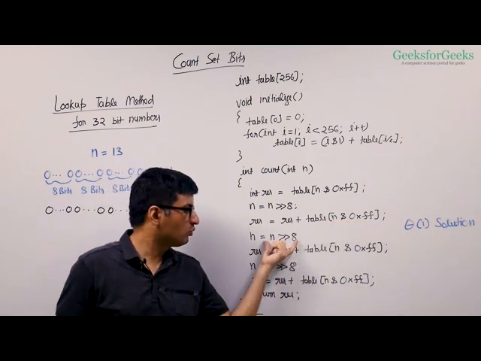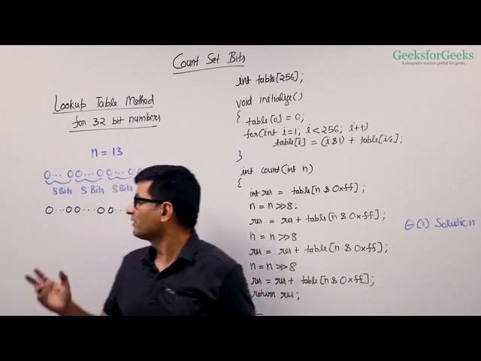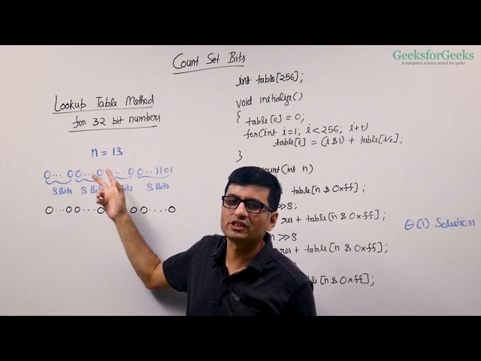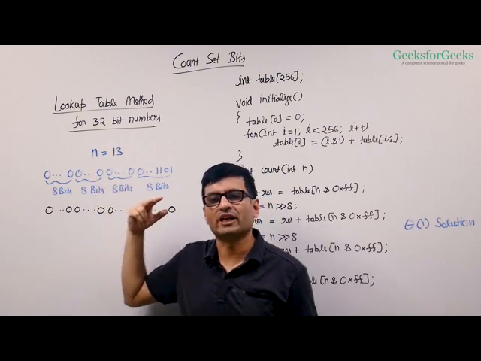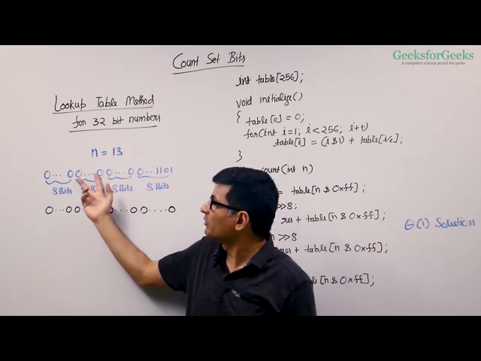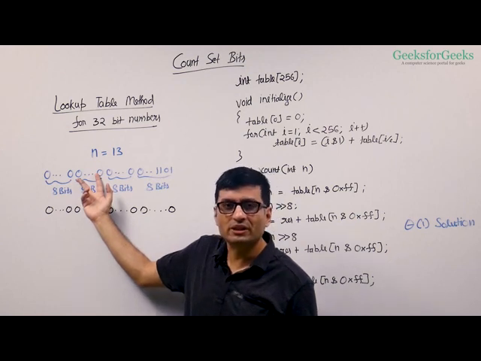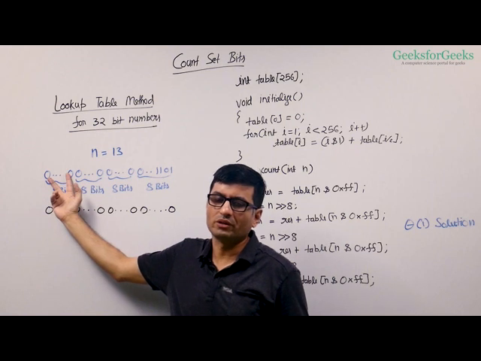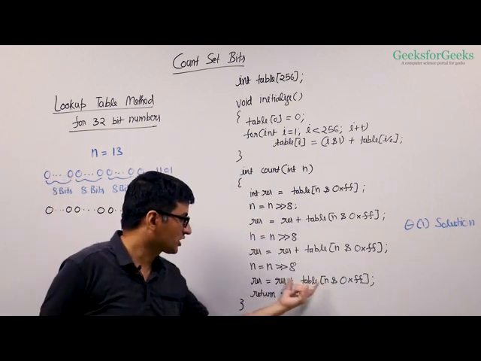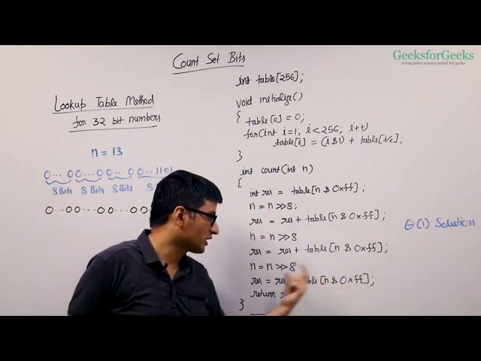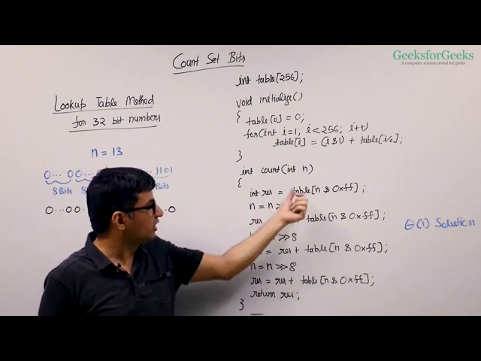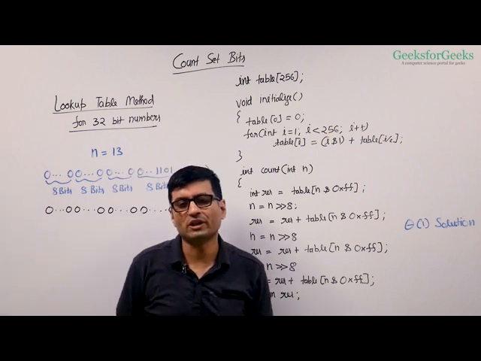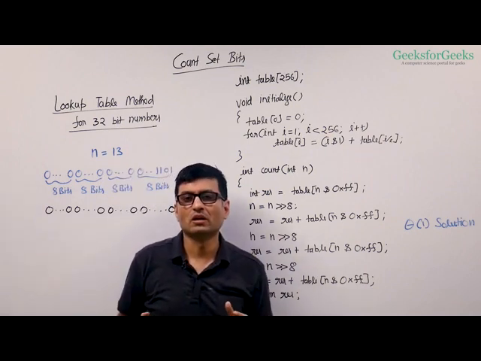Then we again move 8 bits so that we have the next chunk at the end and previous bits at 0, and we count set bits in that chunk of 8 bits. And after that, we move the last chunk of the 32-bit number. We move the last chunk here and we count the set bits in that chunk. And we add all these set bits to the result one by one. So we have total count of set bits in the overall number.